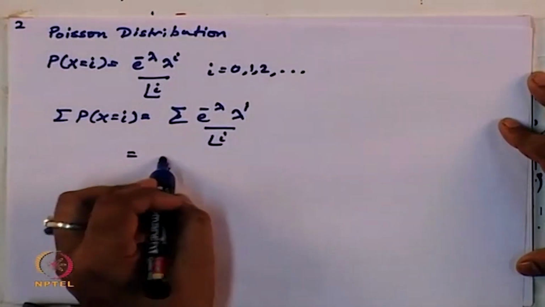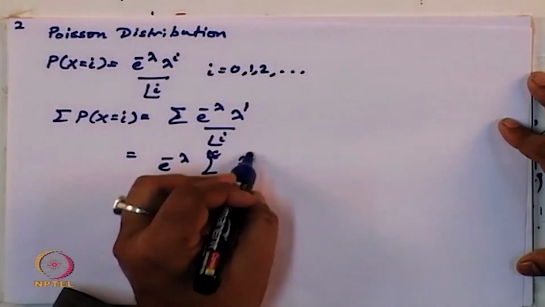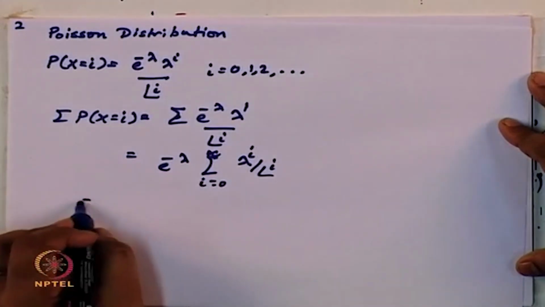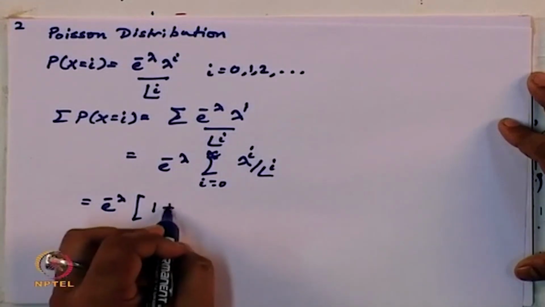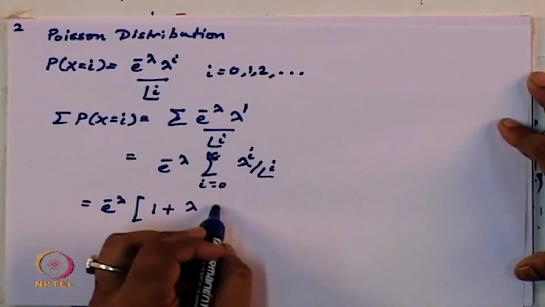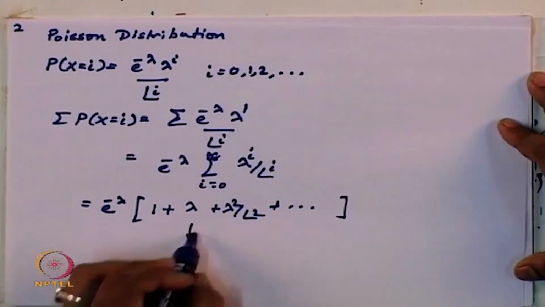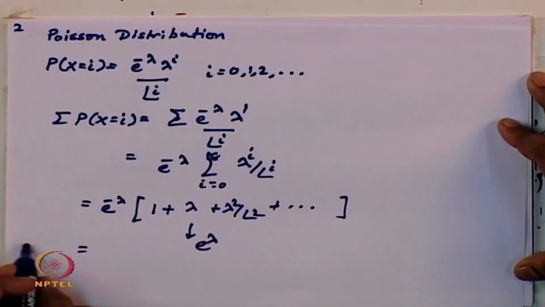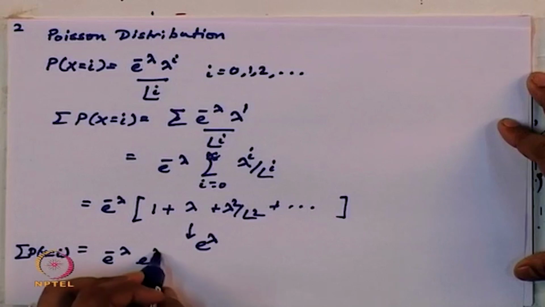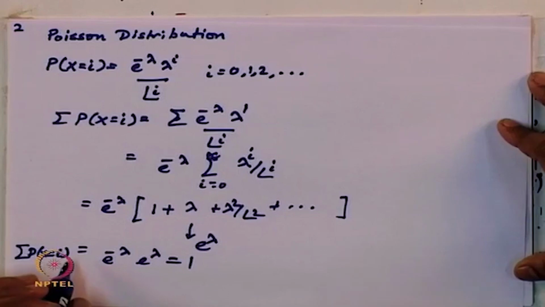You can take out e^(-lambda) and you are left with the summation of lambda^i by factorial i, which is nothing but e^lambda. So the summation of P(x = i) is e^(-lambda) into e^lambda, equal to 1, which fulfills the requirement that the probabilities must sum to 1.